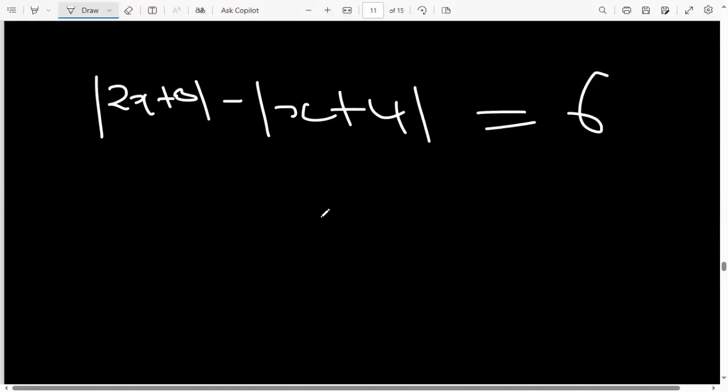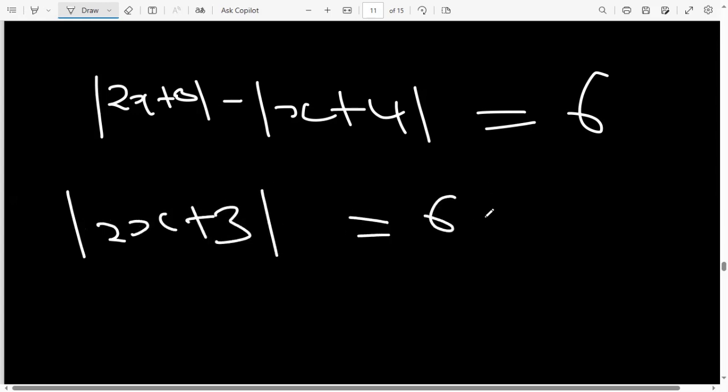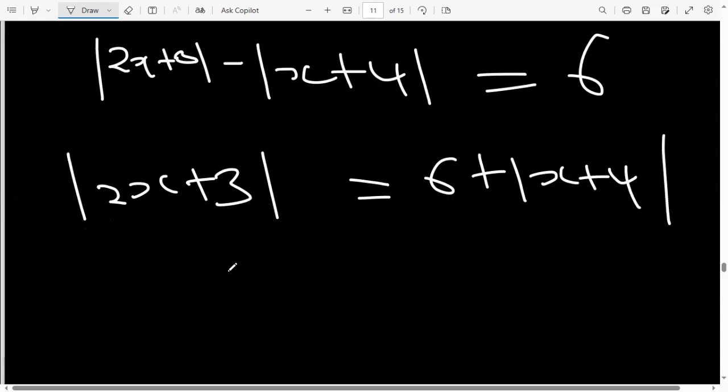So what are we going to do in order to solve this guy here? Okay, we are going to do the same basic thing that we were doing. Okay, so let's leave one modulus to each side. So we have modulus of 2x plus 3 on the left, and then on the right we have 6 plus the modulus of x plus 4. Okay, so it's the same, guys.